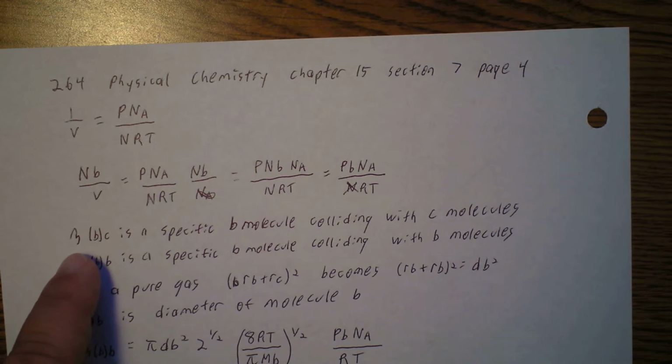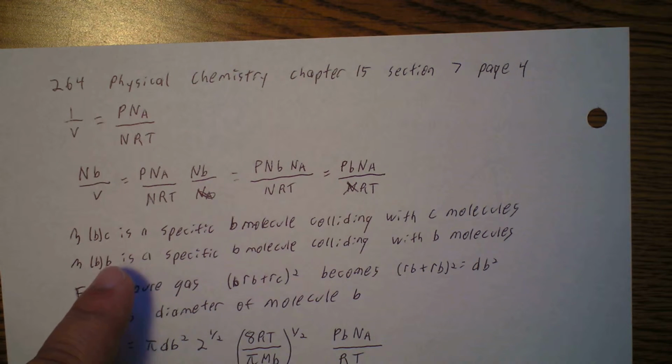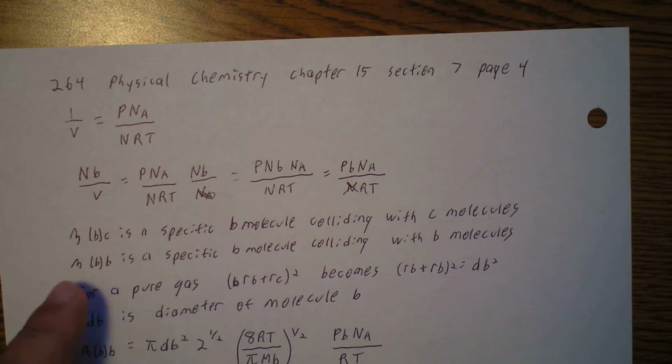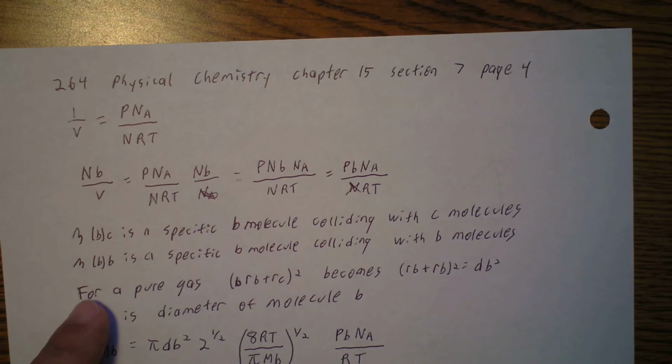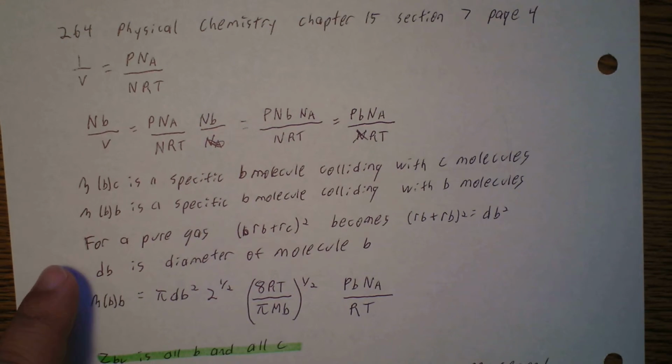So ZBC is a specific B molecule with C molecules. ZBB is a specific B molecule colliding with other B molecules. So for a pure gas, remember, RB plus RC squared becomes RB plus RB squared, which equals just the diameter of B squared.